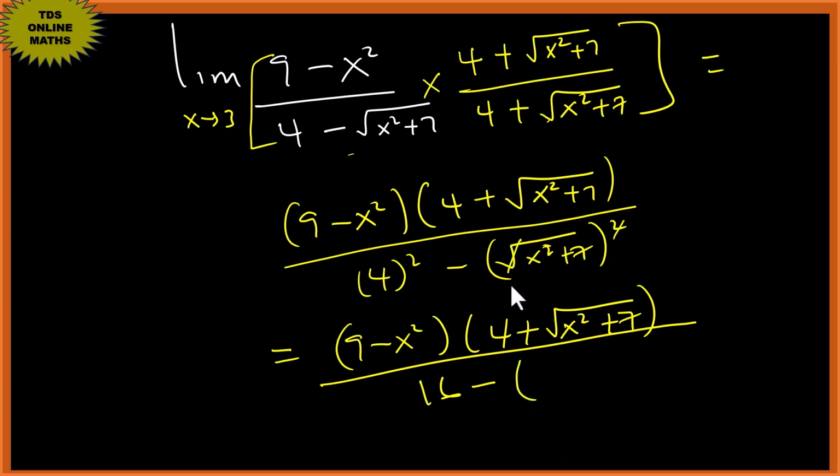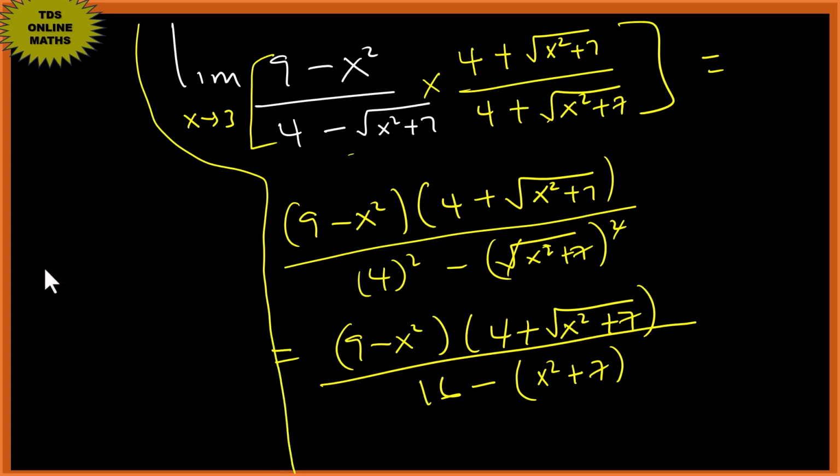This one will cancel this, leaving x squared plus 7. Which will make this side behave like this. So we have 9 minus x squared, then we have, sorry, let me use this side. We have 9 minus x squared, 4 plus square root of x squared plus 7.